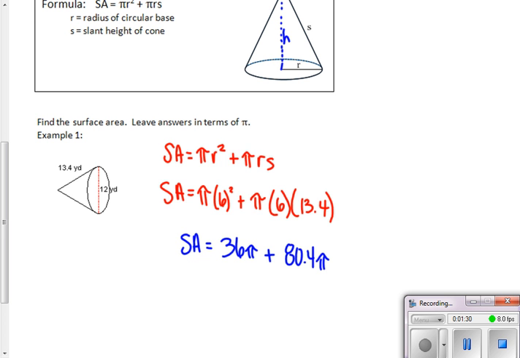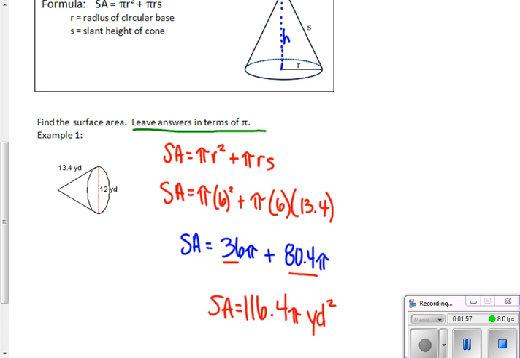We come up with 36 pi plus 80.4 pi, and our answer here says that we want to leave it in terms of pi, so we're not doing any rounding here. So the next step is to go ahead and add these together. With 36 and 80.4, we find out that the surface area is equal to 116.4 pi, and this would be yards squared.